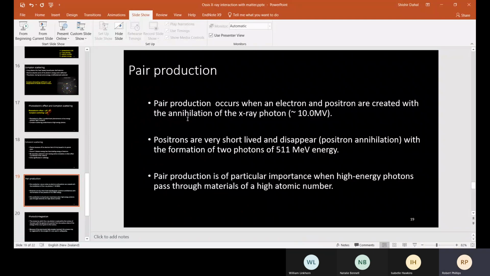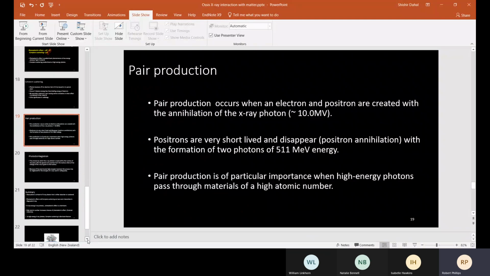We'll talk about that later in another session. So is it clear about pair production? It's Einstein's theory of energy changing into matter and matter changing into energy.